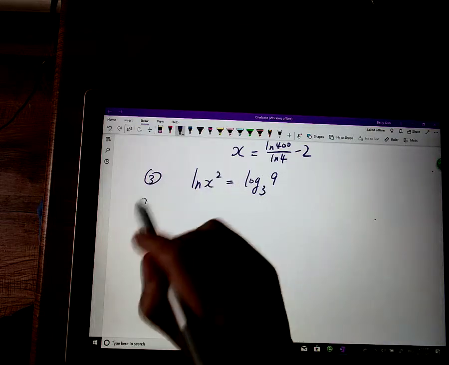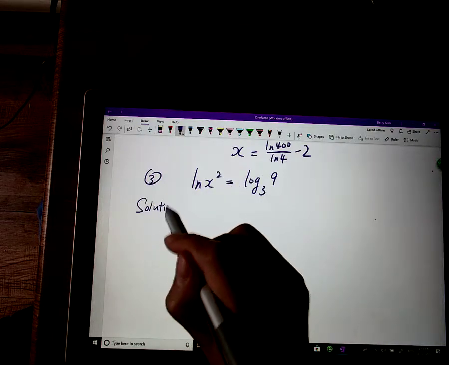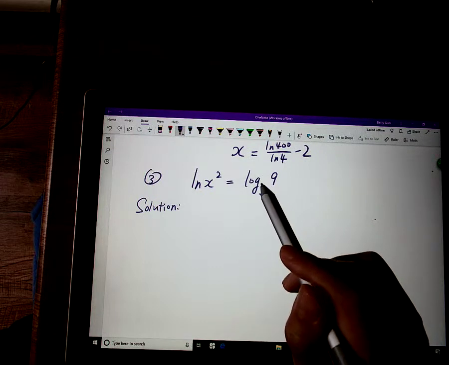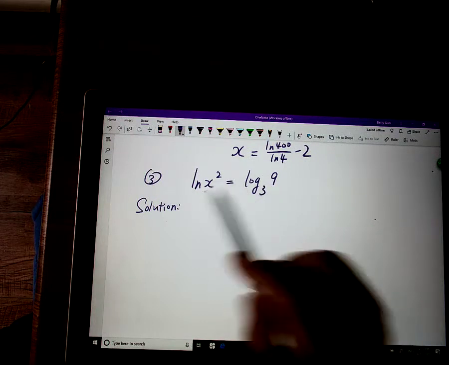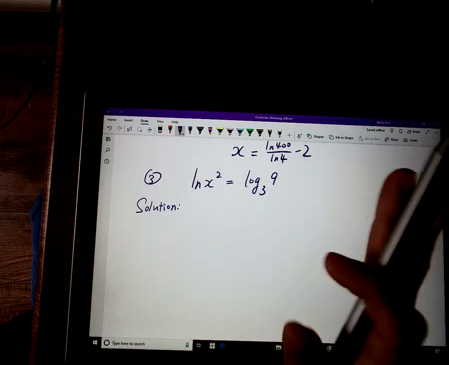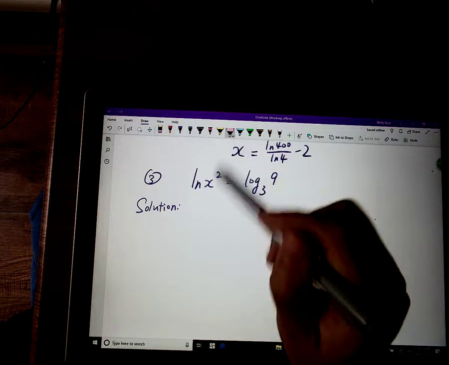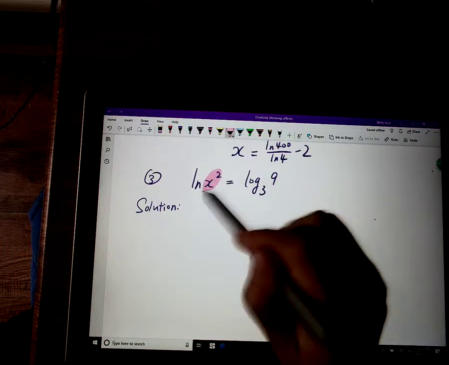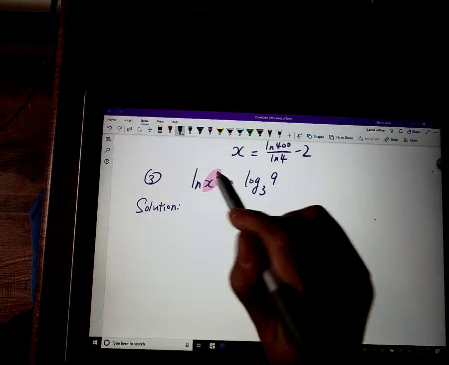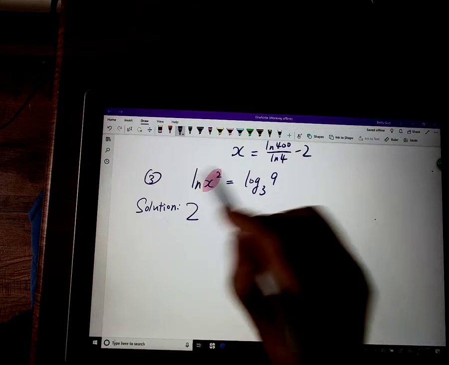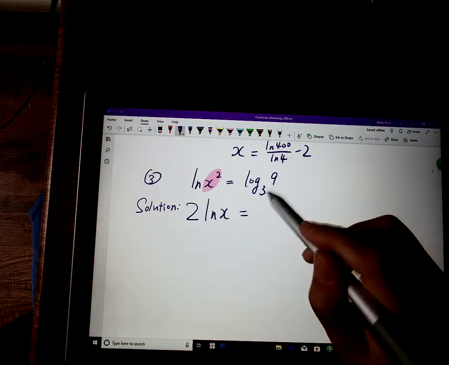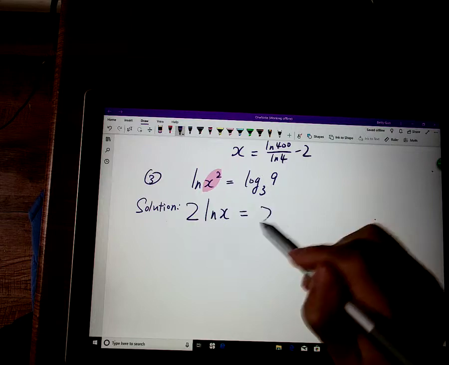Before I do anything, I notice both sides of the equation, the logarithm I can transform a little. For example, the left-hand side, the anti is x squared. By the power rule, I could move the 2 exponent in front, rewrite the left-hand side as 2 times ln x. And on the right-hand side, I have 2 actually.